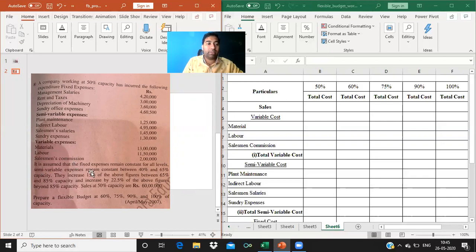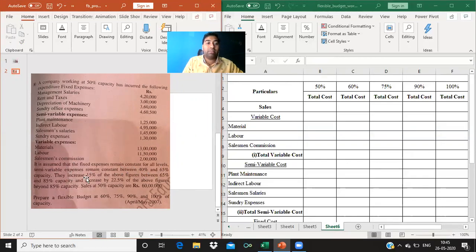See the adjustment they have given. It is assumed that the fixed expenses remain constant for all levels. So whatever fixed expenses are given in the problem are going to remain the same at all levels of activity. Semi-variable expenses remain constant between 40 and 65% capacity.